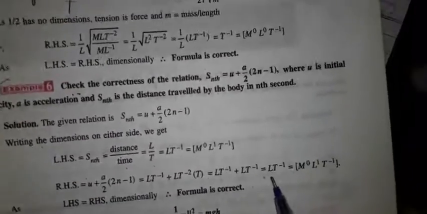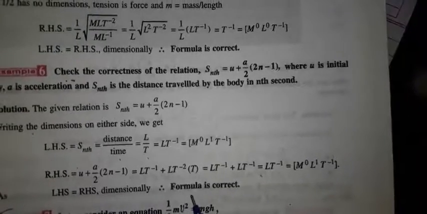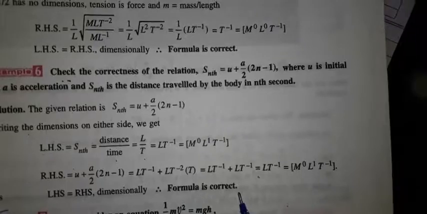So the given equation is correct. So M0 L1 T minus 1, and LHS equal to RHS dimensionally, so the formula is correct.